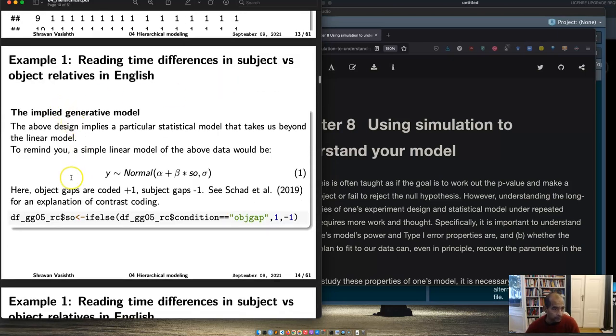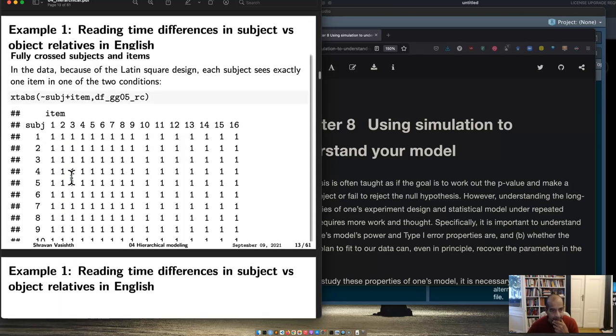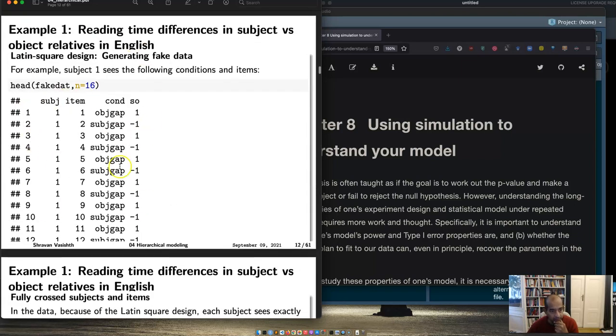The interesting thing now, the reason I was harping on and on about fake data simulation, is that what we want to do is use the subject, item, and relative clause condition, which condition it is.